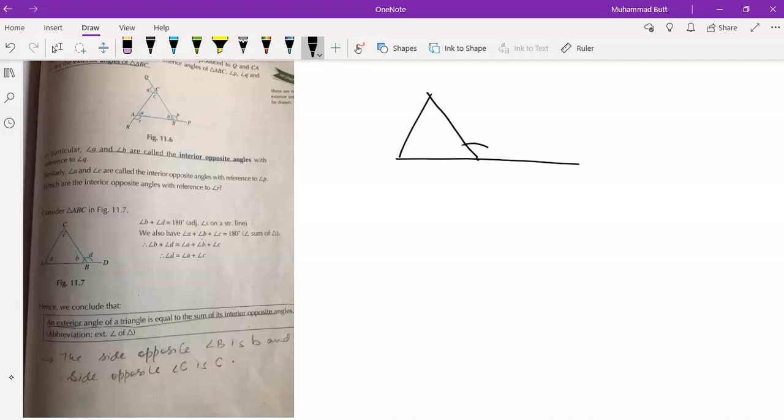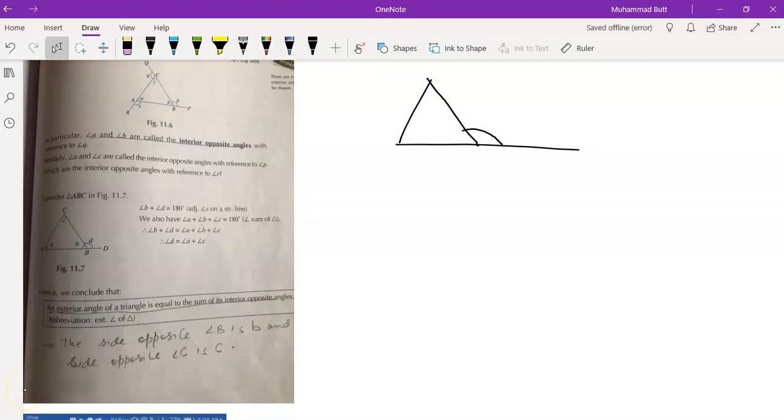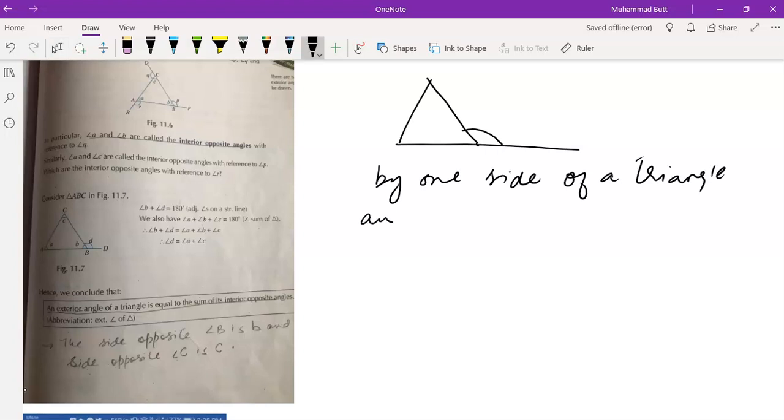Exterior angle is formed by one side of a triangle and a line extended from an adjacent side.